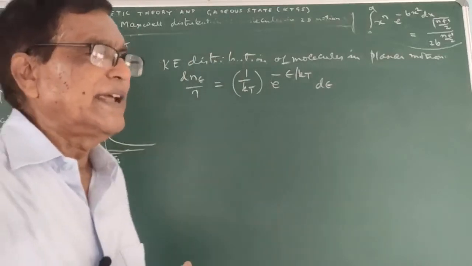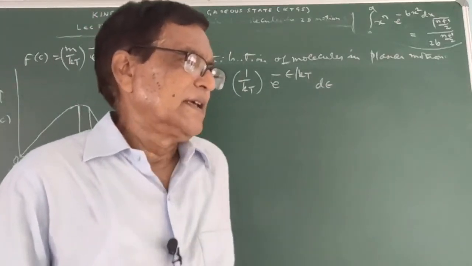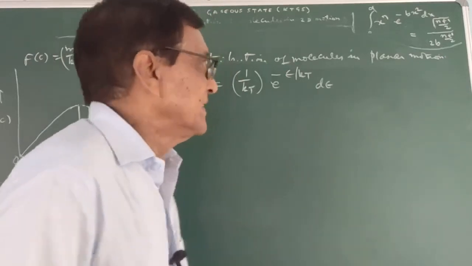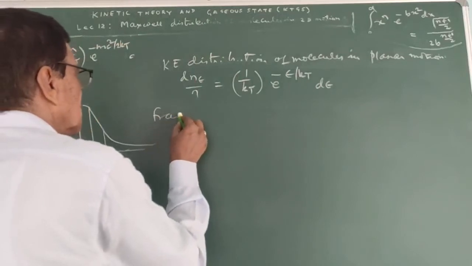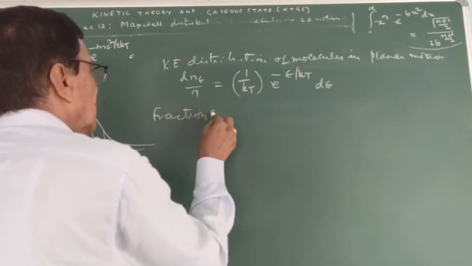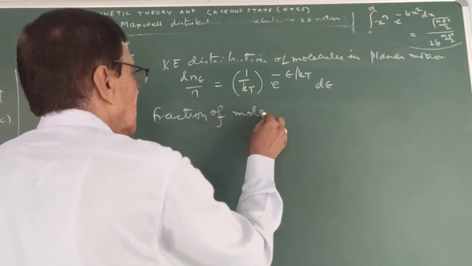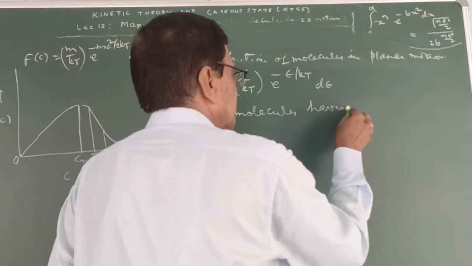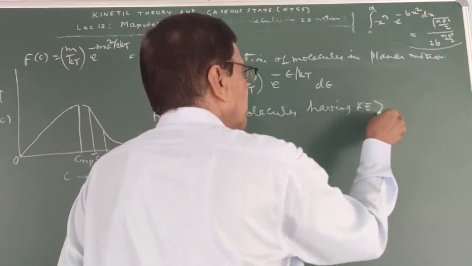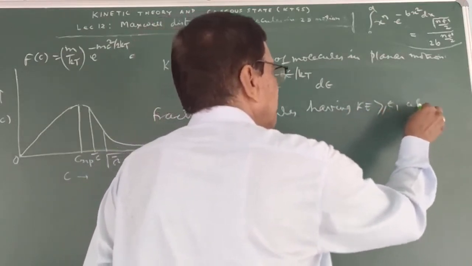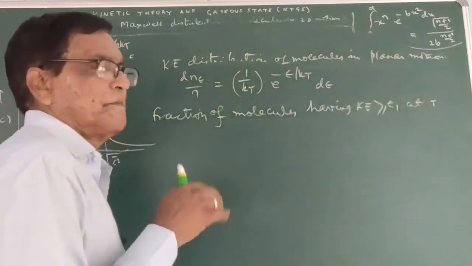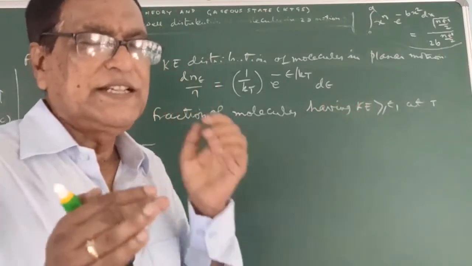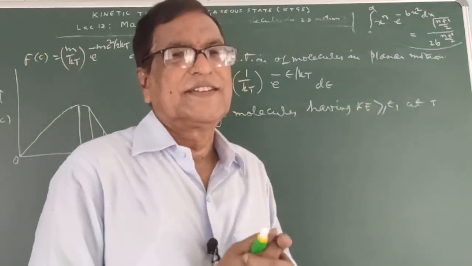Now one thing I would like to deduce: the fraction of the molecules having kinetic energy greater than or equal to epsilon 1 at a temperature T. This is very important, especially in the case of reaction kinetics.